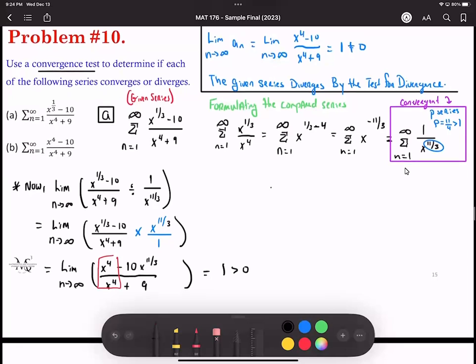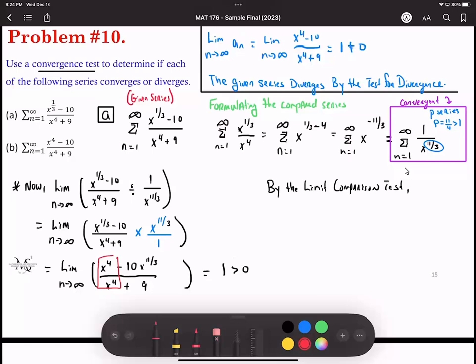So we can conclude for part A that by the limit comparison test, you have to write a statement like basically what tests you use. So we use the limit comparison test.